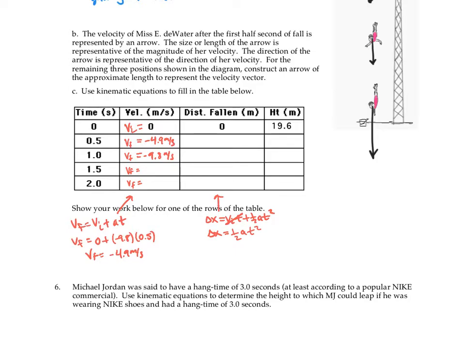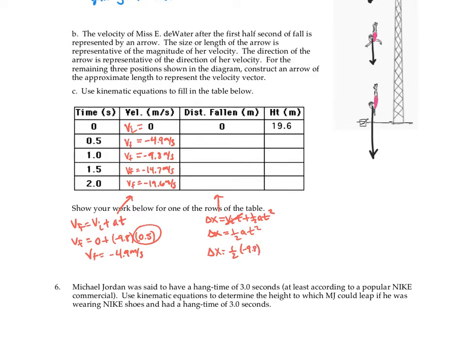If I use 1.5 seconds, I get a velocity of negative 14.7 meters per second. And if I do a full 2 seconds, I get a velocity of negative 19.6 meters per second. Again, I'm just changing the time in this equation and getting that velocity. So you see the velocity is increasing in the negative direction. For distance fallen, let's do the first half second.